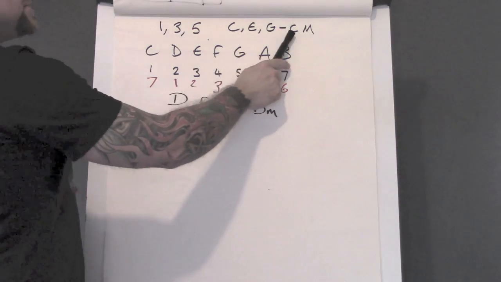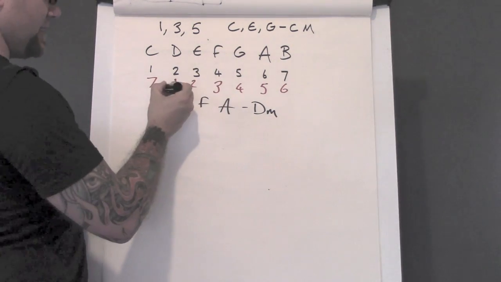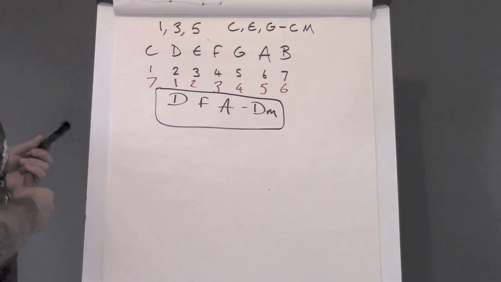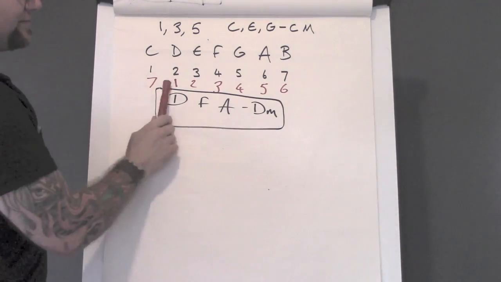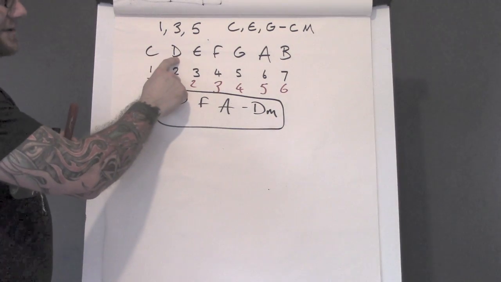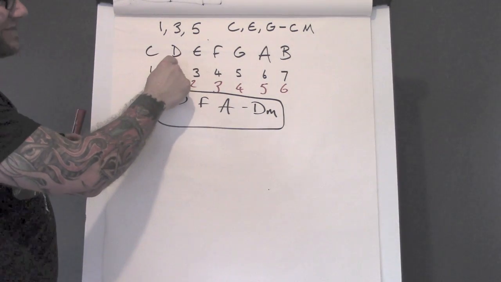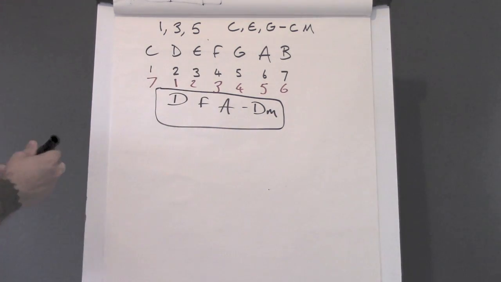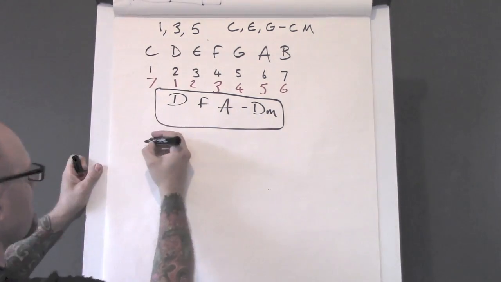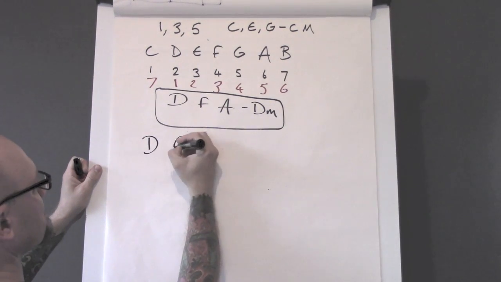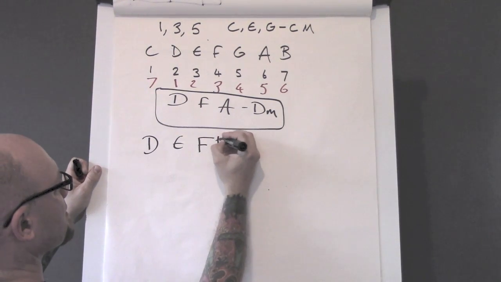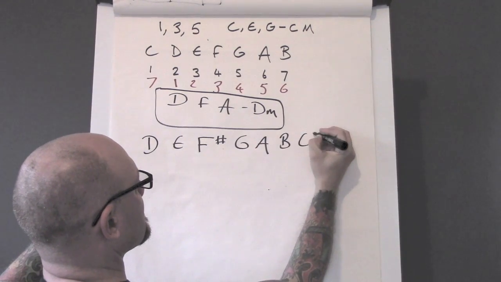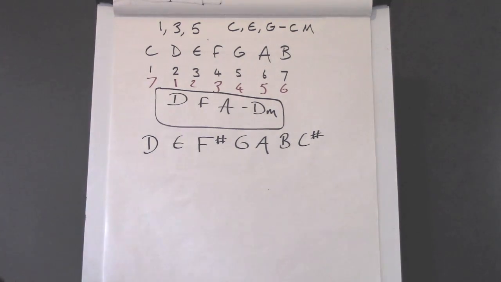So why is this one major and this one minor? Okay, I will explain. So in a C major we've got these notes. Because we're going up to D to find this chord, we compare whatever notes are in this chord to a D major scale. So in a D major scale we have those notes.